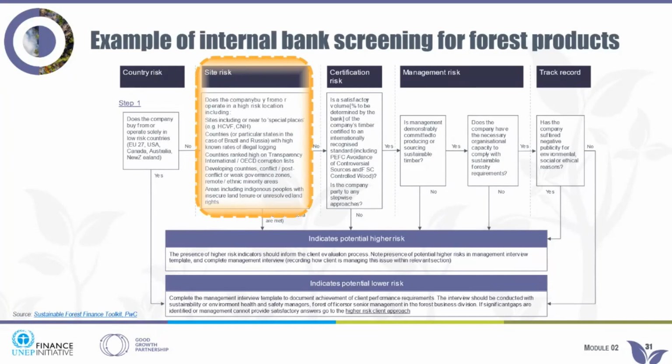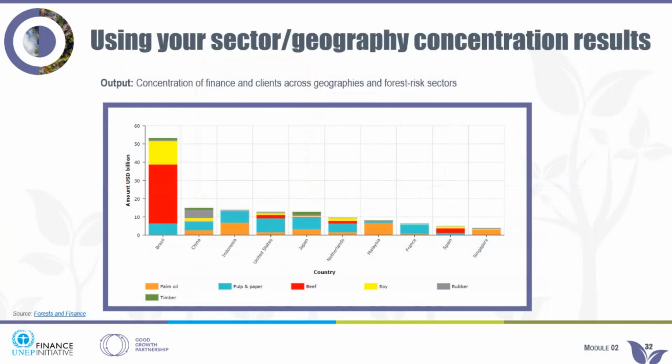So again, this example shows how a variety of risks really come down to avoiding high risk regions or jurisdictions. Next slide, please. We've seen the slide before in module 1 and again in the reputational risk lens.